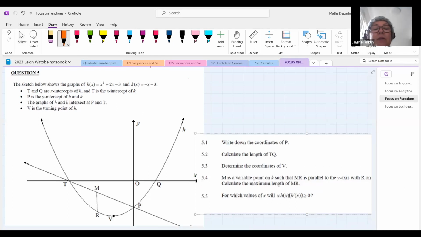Can anybody tell me what are the coordinates at P, based on the information that's given to us? Someone's put it in the chat.